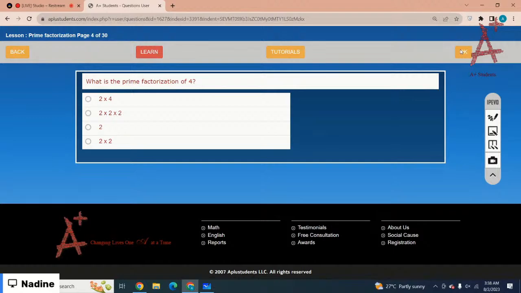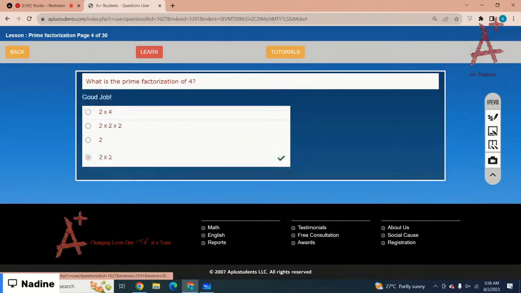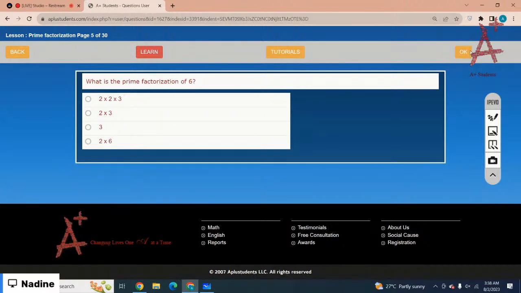Okay, what is the prime factorization of 4? Which is the correct option? The correct option is 2 times 2. What is the prime factorization of 6?